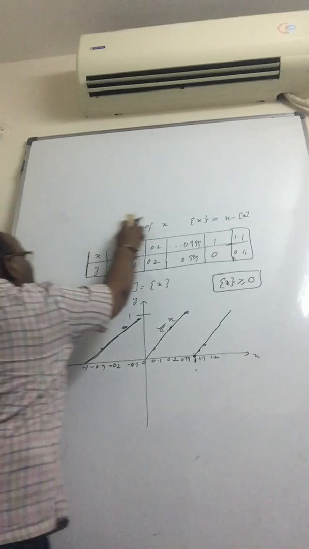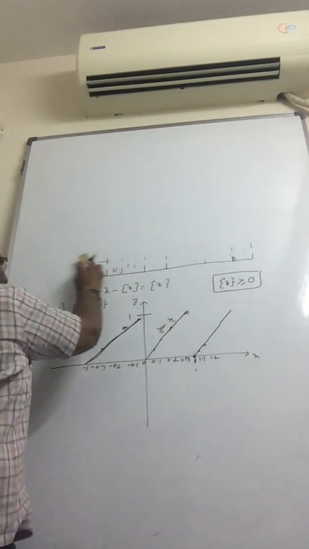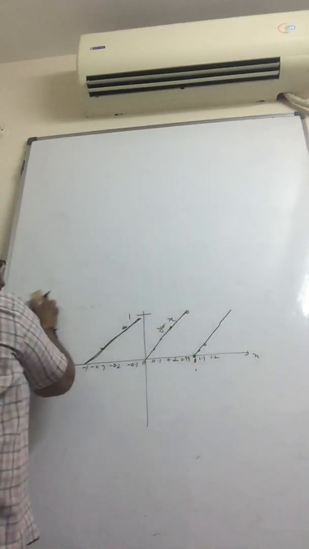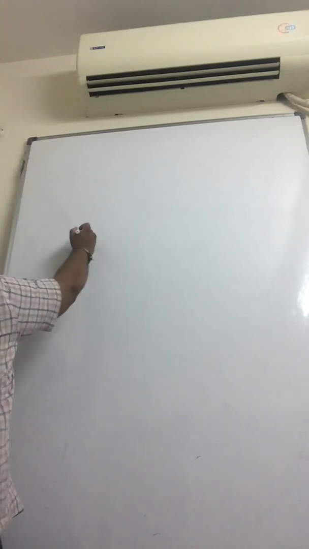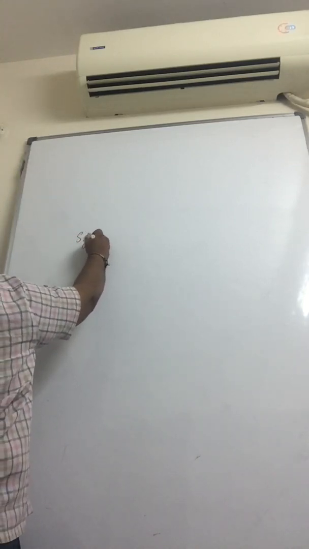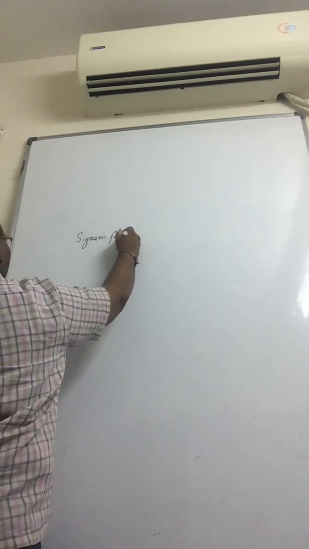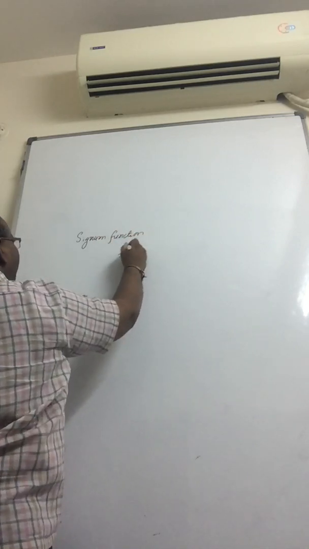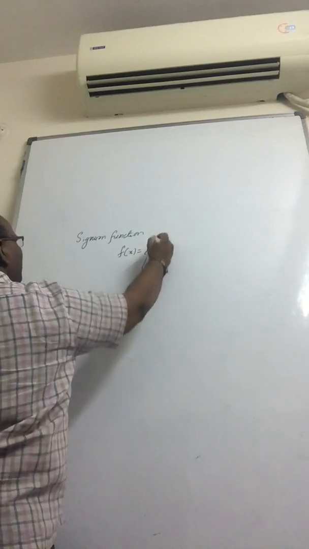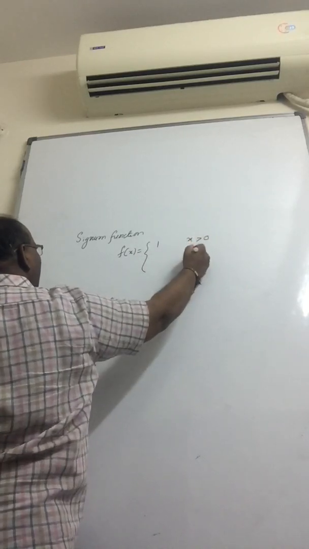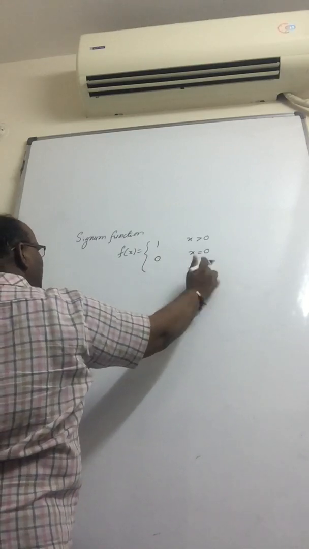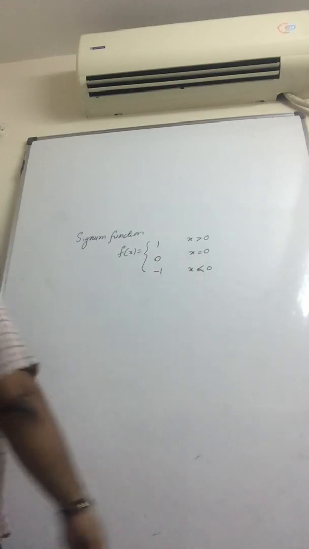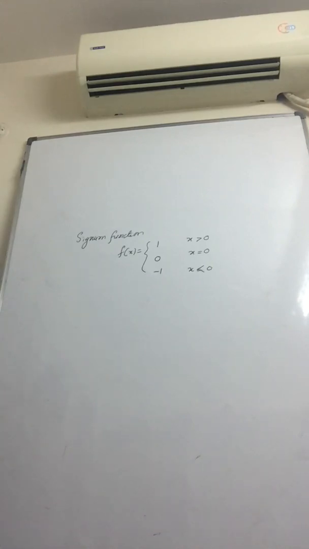Now let us discuss the remaining graphs which I wrote on the board. Next is the signum function. How is it defined? f of x is equal to 1 for x greater than 0, 0 for x equal to 0, and minus 1 for x less than 0.